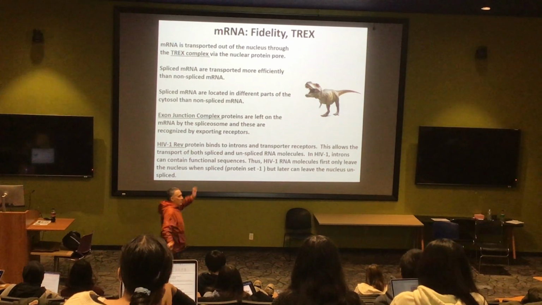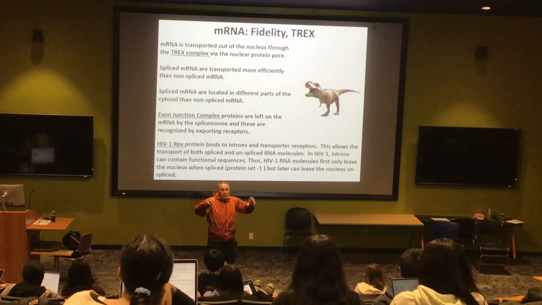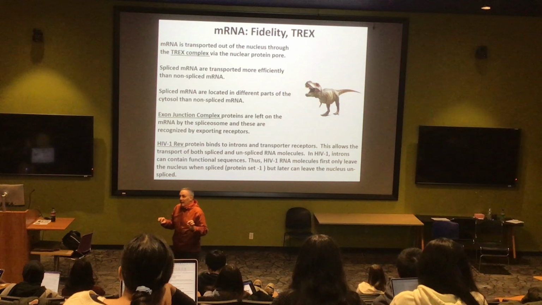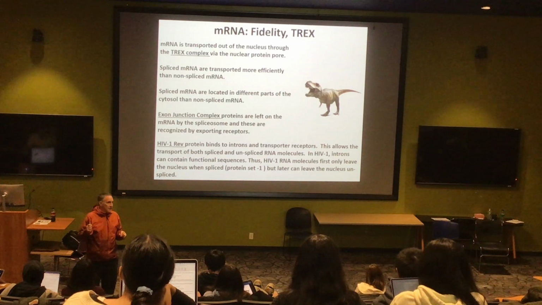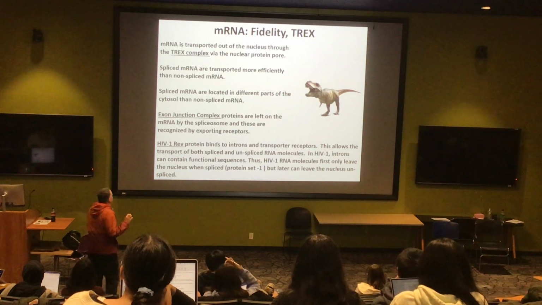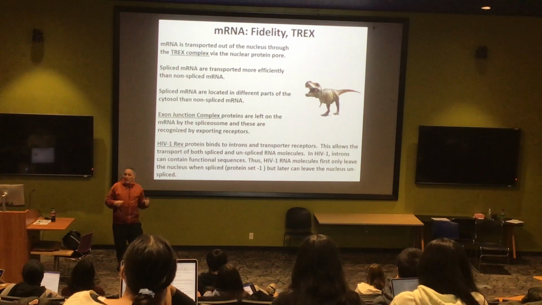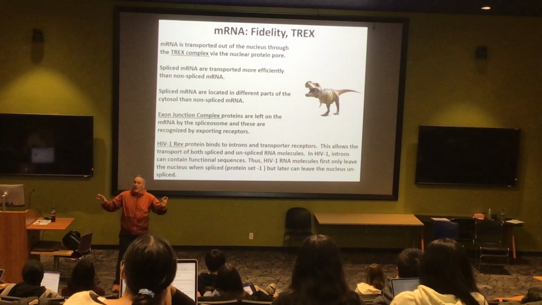So after you splice, rather than take everything off, proteins are actually left at the splice sites, and those proteins are recognized by the TREX complex as a signal: yeah, you can actually leave the nucleus, because you are a spliced RNA. And so that's really important. Otherwise, those unspliced RNAs would not be able to exit. Similarly, the cap has to be in place, and the poly-A has to be in place.